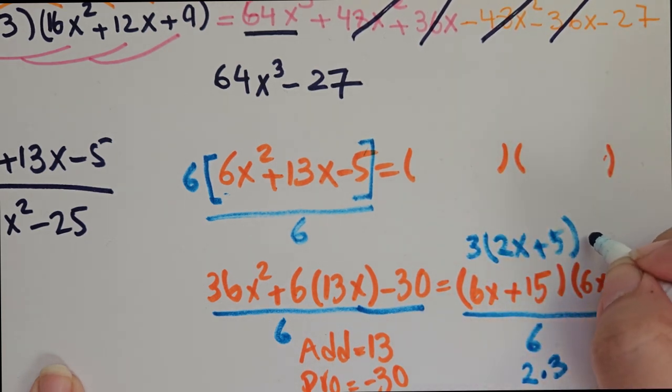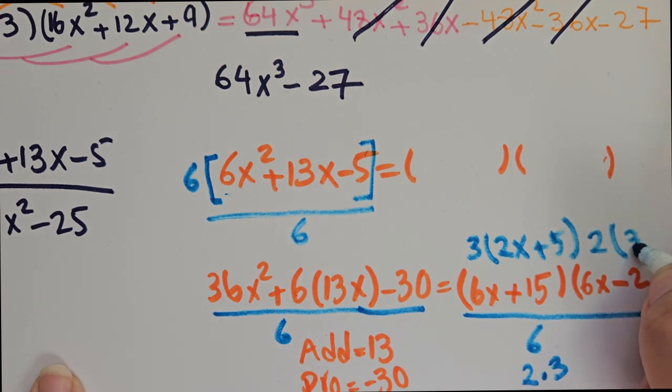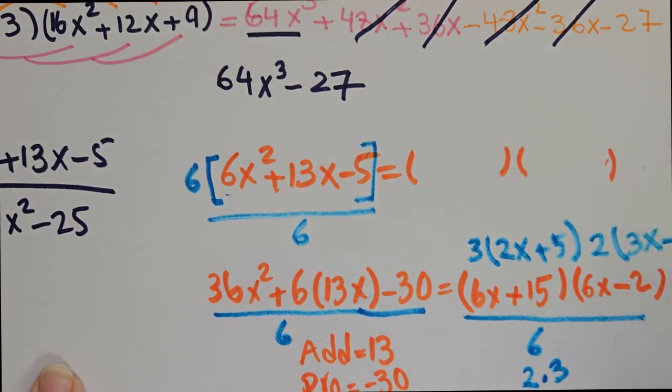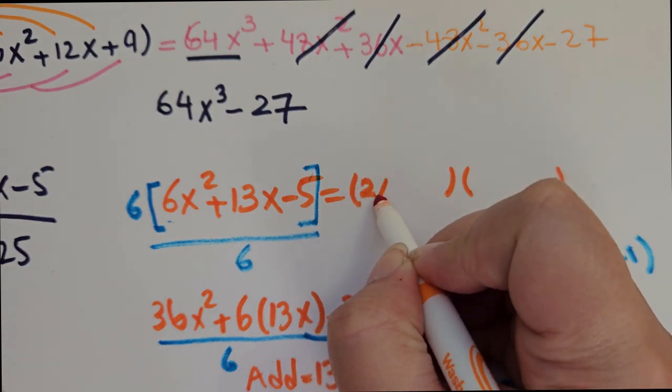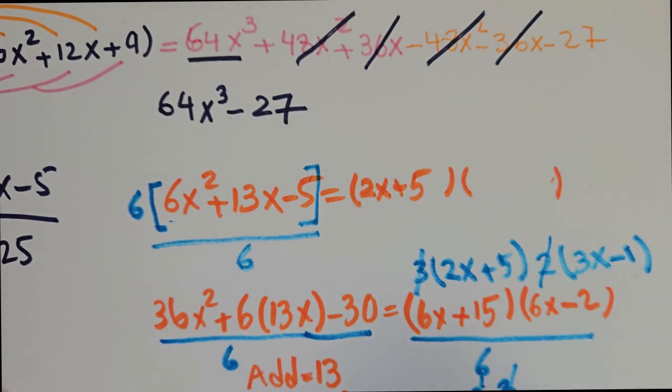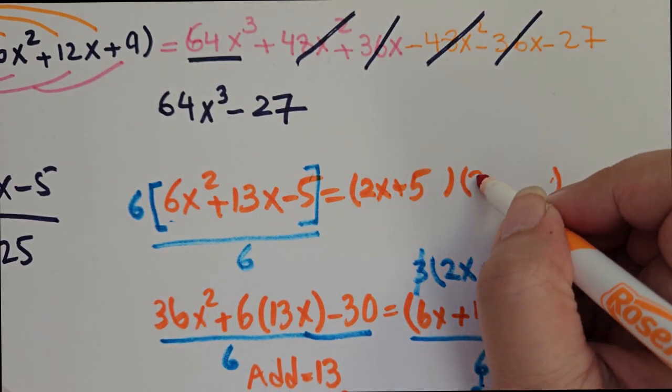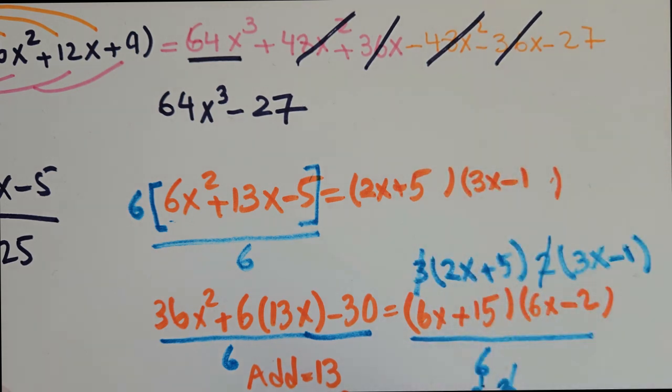And here I will factorize a 2, it would be 3x minus 1. Now the 2 will cancel out with this, the 3 cancels out with this one, and then the final answer would be 2x plus 5 and then 3x minus 1.